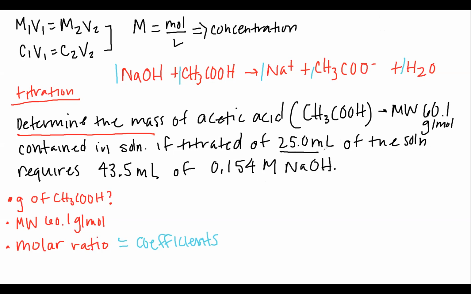So this right here is not pertinent for the problem. We don't need to worry about this, because that is the solution being titrated, but we do need to know how much of that solution will require of the sodium hydroxide, okay? So always start with what's needed, what it's asking for. Don't pay attention to this.